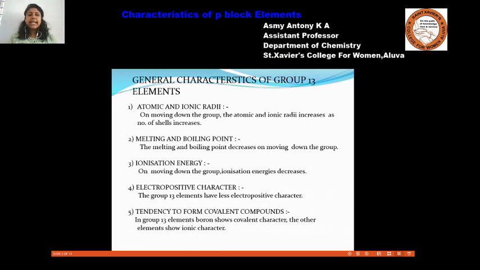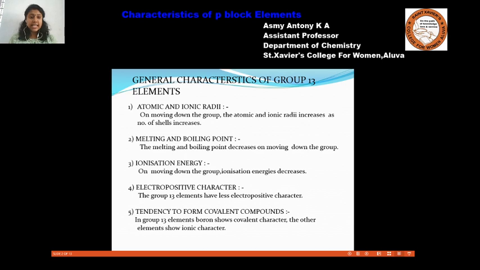Next one is ionization energy. Then what is ionization energy? Ionization energy is the energy used for removing the outermost electron from any element. On moving down the group, ionization energy decreases. Why does this decrease? On moving down the group, we know that the size increases. When the size increases, the distance from the nucleus to the outermost electron increases.